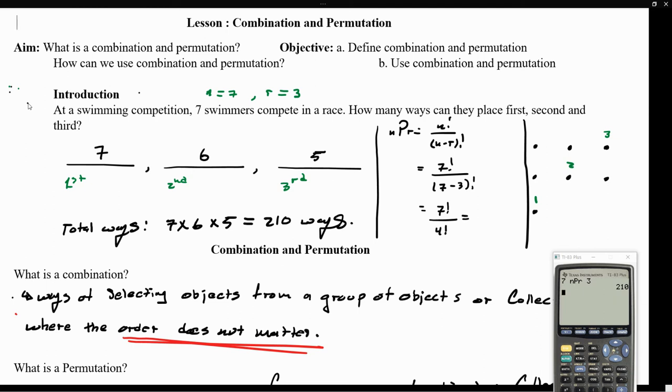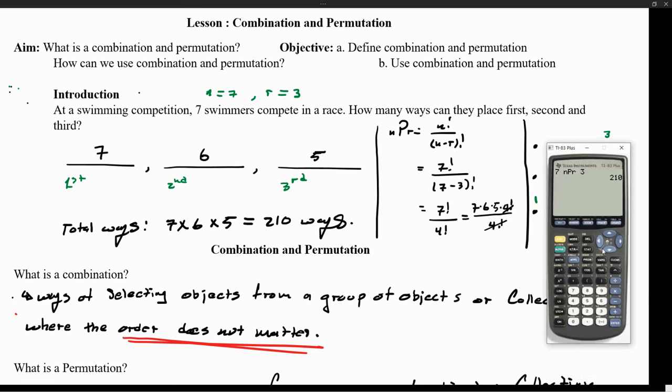But remember that 7 factorial is 7 times 6 times 5 times 4 times 3 times 2 times 1, so that includes 4 factorial. So we divide by 4 factorial, the 4 factorials cancel out, and now the numerator is nothing more than 7 times 6 times 5, which is still 210.